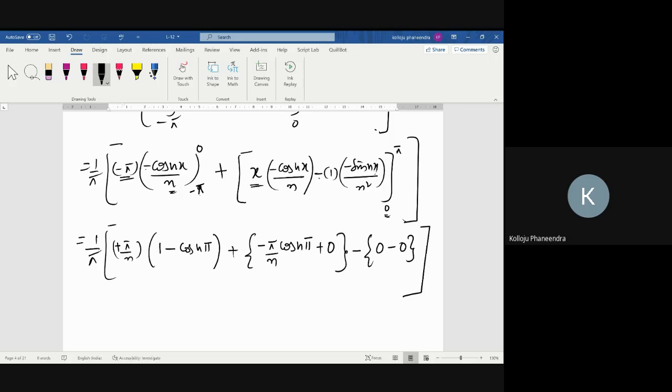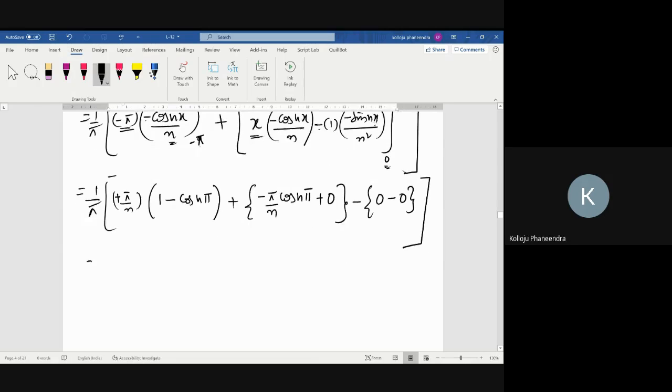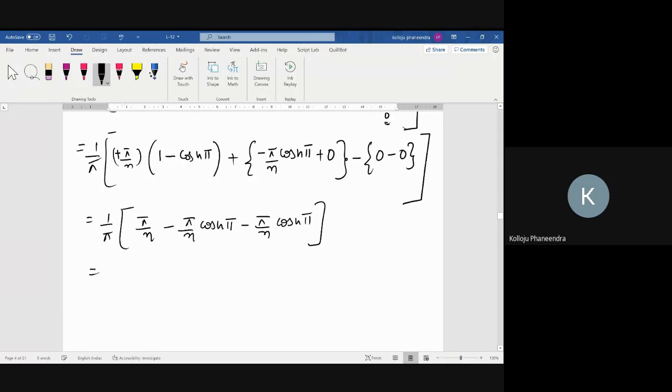Okay. Now, what does bn become? This is equal to 1 by pi. Let me write pi by n minus pi by n cos n pi, minus, and this is also minus pi by n cos n pi. Right? So what I'm getting, take pi common. This pi gets cancelled.